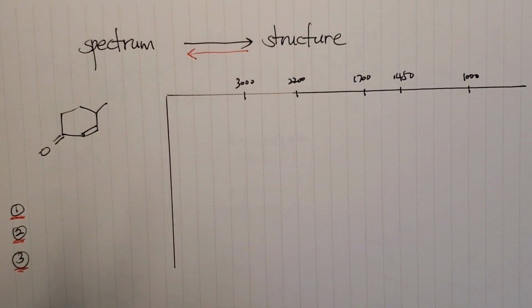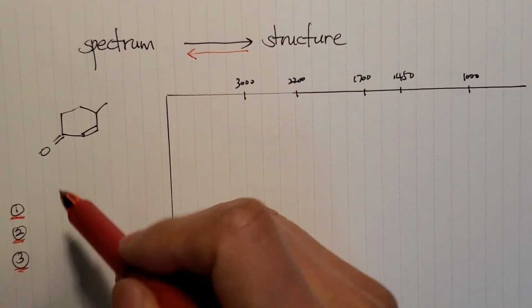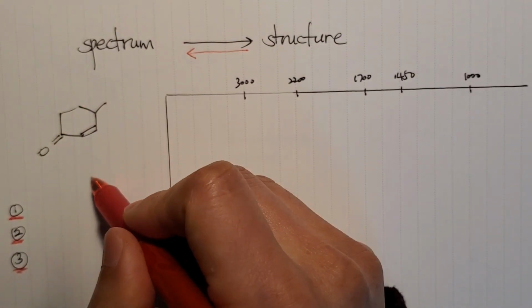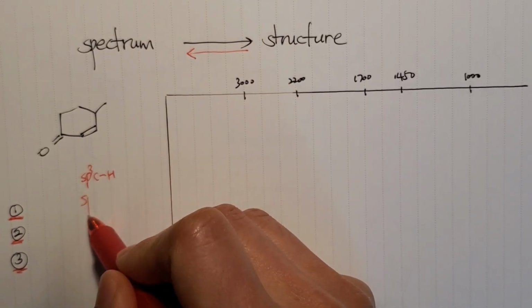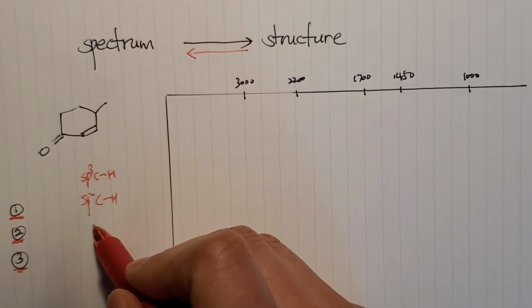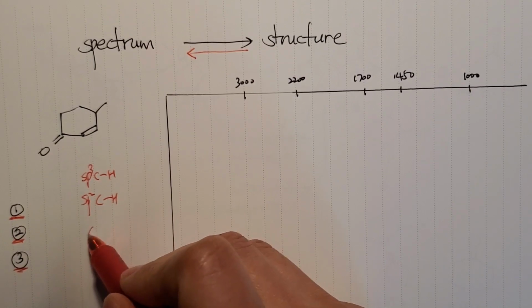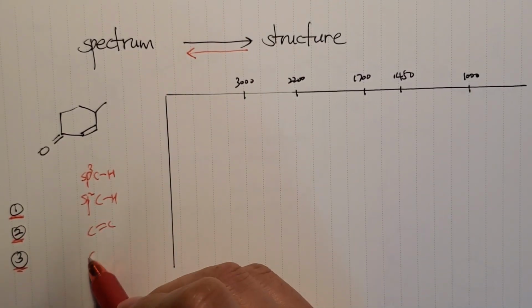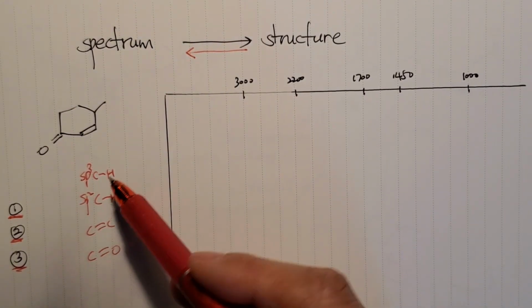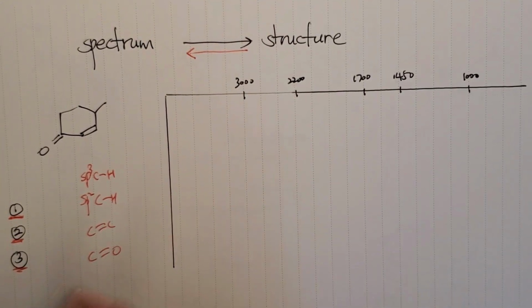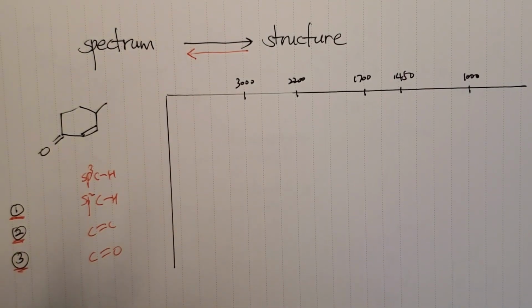So first you find here sp3 carbons holding hydrogen, and you find sp2 carbons holding hydrogen, as well as the C=C double bond and the C=O double bond. Then you can immediately think about the typicals, but is there any complication for variations?